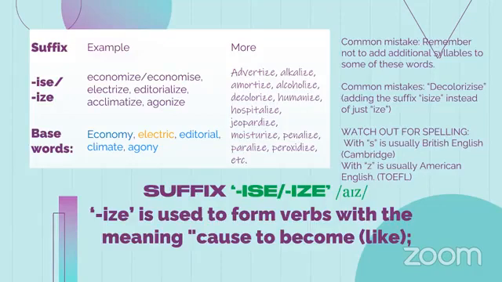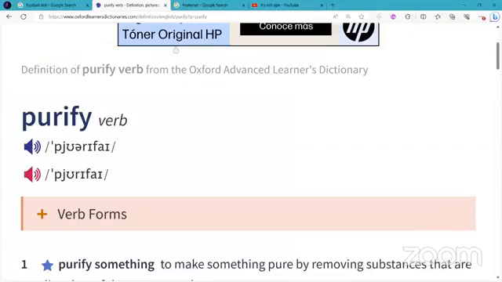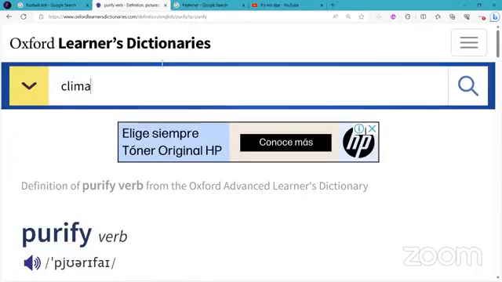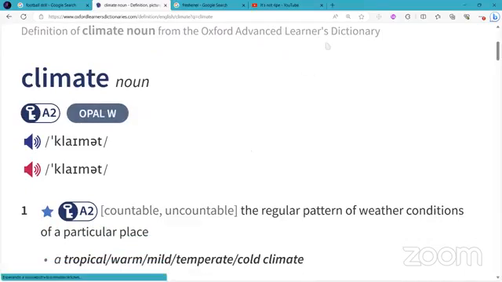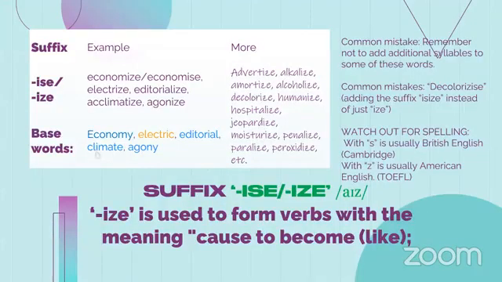Base words: economy, electric, editorial, climate, agony. Pronunciation. Climate. Climate. Okay.